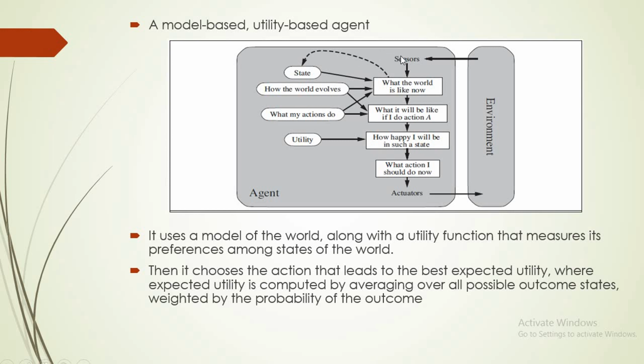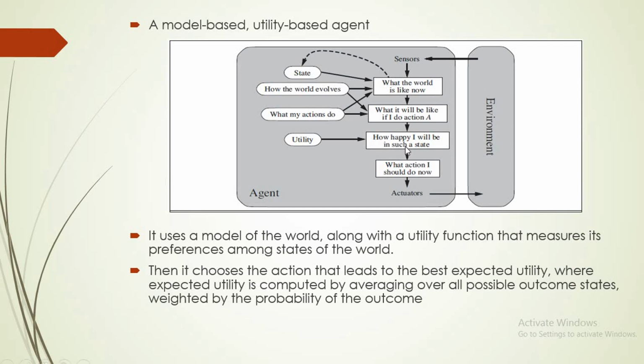So the model-based utility-based agent looks like this one. In the internal functions, we have more items, like what the world is like now, and what it will be like if I take an action. It also understands what will happen if it takes an action. Then after taking that action, how happy will I be in such a state, and what action should I do now?